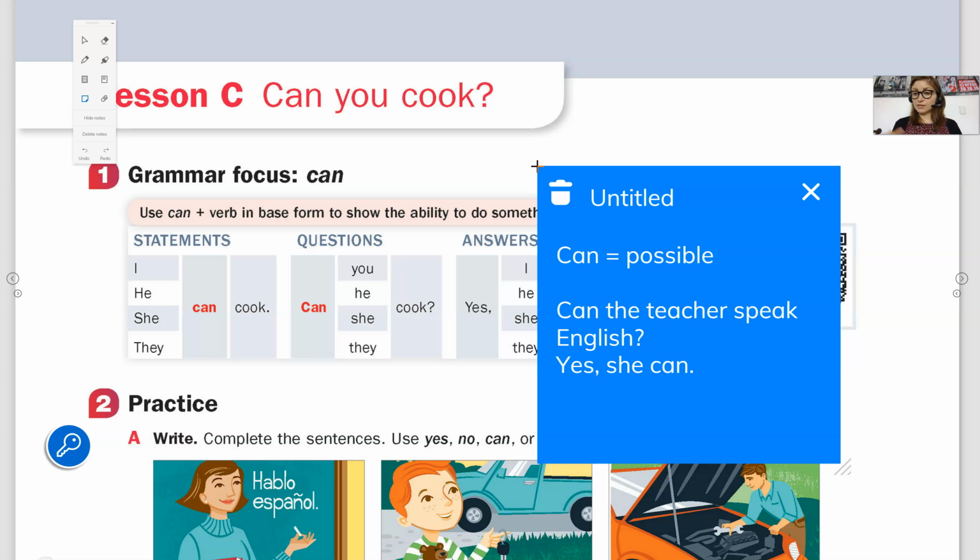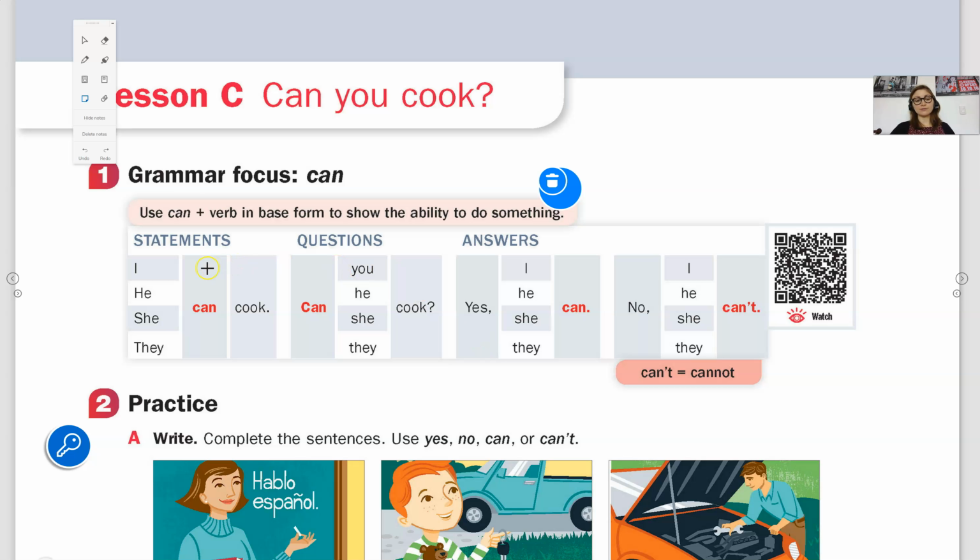All right, so the idea is we're using can and can't to say yes, it's possible, or no, it's not possible. Okay, so we're going to check these out really quickly. I can cook, he can cook, she can cook, they can cook.